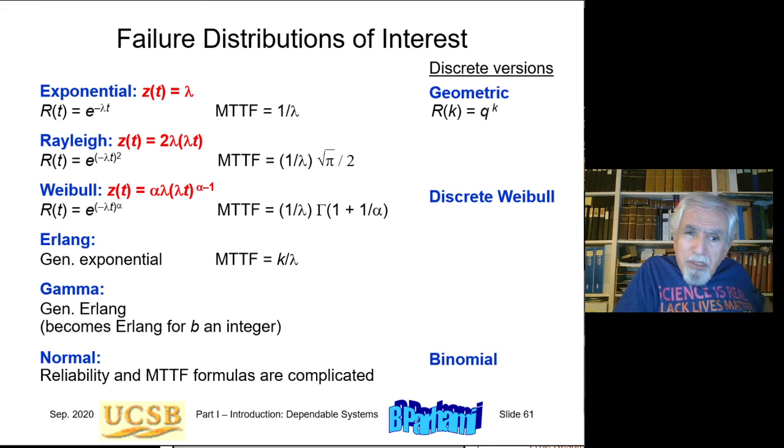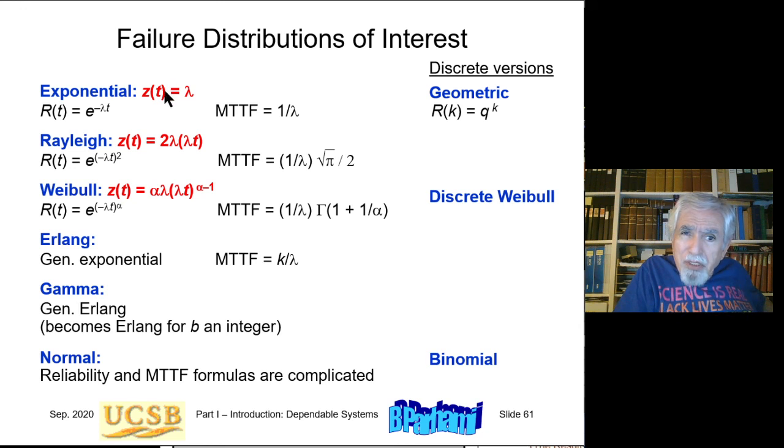Then we have Weibull distribution, whose hazard function is given here, and reliability equation is e to the minus lambda t, a quantity to the power alpha. Rayleigh is a special case of Weibull for alpha equal to 2.